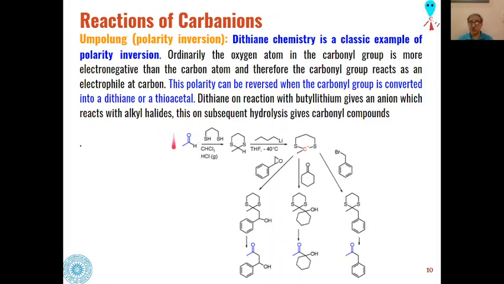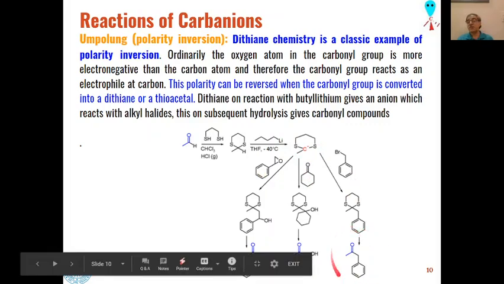So here, as we have seen in the previous lecture, carbonyl compounds react with 1,3-dithiols to give us these types of dithianes, and these on reaction with a strong base at minus 40 degrees centigrade will generate these types of dithiane carbanions, and these carbanions can interact with different types of substrates to give us products through polarity inversion.